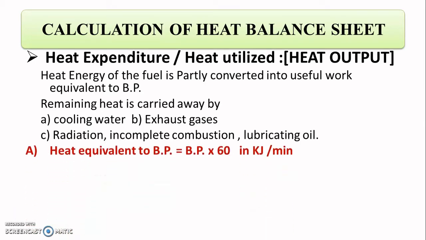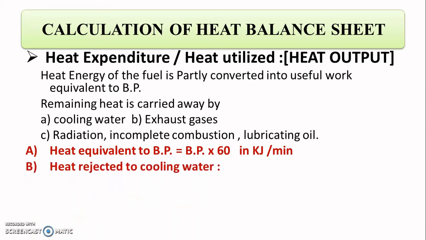So heat equivalent to brake power is equal to brake power into 60, which is in kilojoule per minute. Because we are preparing the heat balance sheet on the minute basis, we are taking the heat equivalent to brake power in terms of kilojoule per minute.